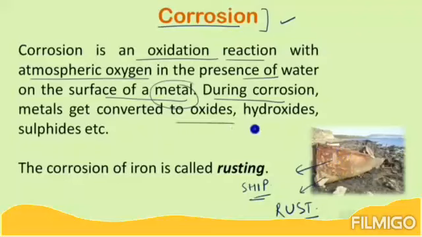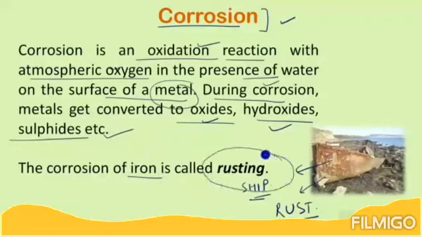During corrosion, oxides, hydroxides and sulfides of metal are formed. It happens in the presence of oxygen and water. The corrosion of iron is called rusting.